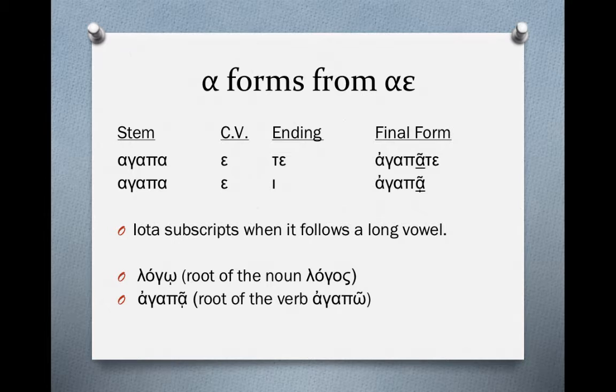But if the root of the word is a verb, in this case agapa comes from agapao, as we learn it in the vocabulary, then we know that it must be, in most cases, the third person singular. So we want to consider the root of the word, whether it's a noun or it's a verb, and that'll help us translate it correctly. But yes, some verbs will have an iota subscript, just like some nouns have it.